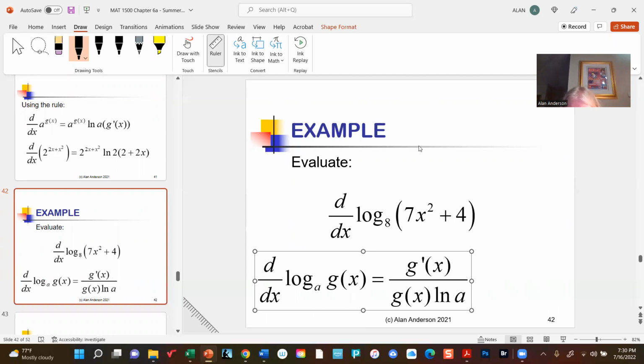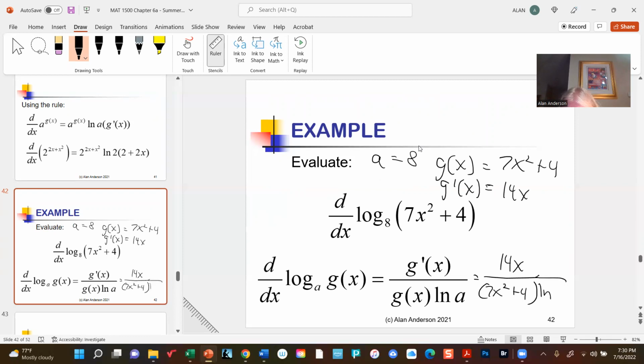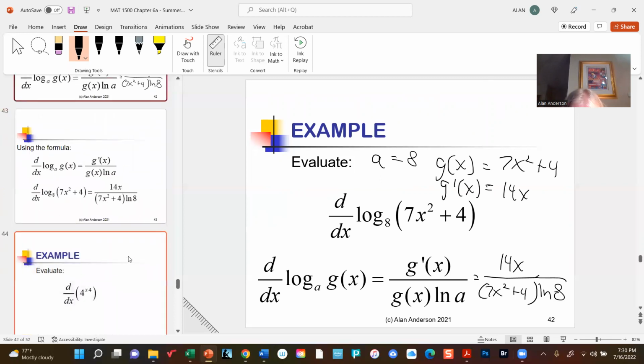So let's say that a is 8, g of x is, of course, 7x squared plus 4, which means that g prime of x is 14x. So we're going to wind up with 14x over 7x squared plus 4, and then we'll have the natural log of 8. Okay, that wasn't so bad.